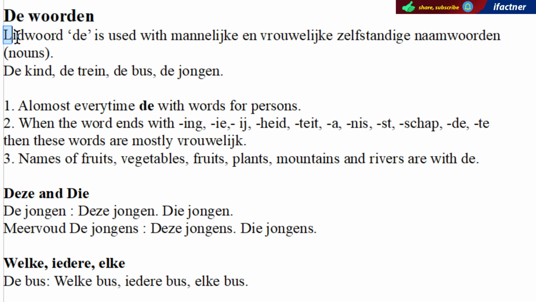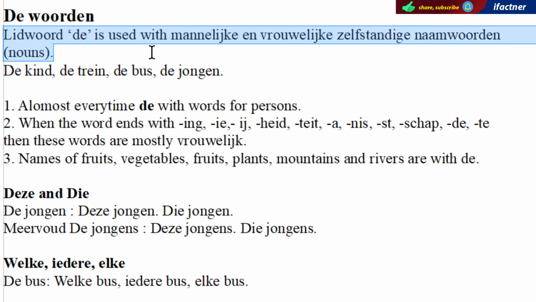Lidwoord de is used with mannelijke en vrouwelijke zelfstandige naamwoorden, that is, nouns. It means that the Lidwoord de is used with those nouns which have a gender, that is, they are either mannelijk or vrouwelijk. They have a man's gender or a woman's gender.